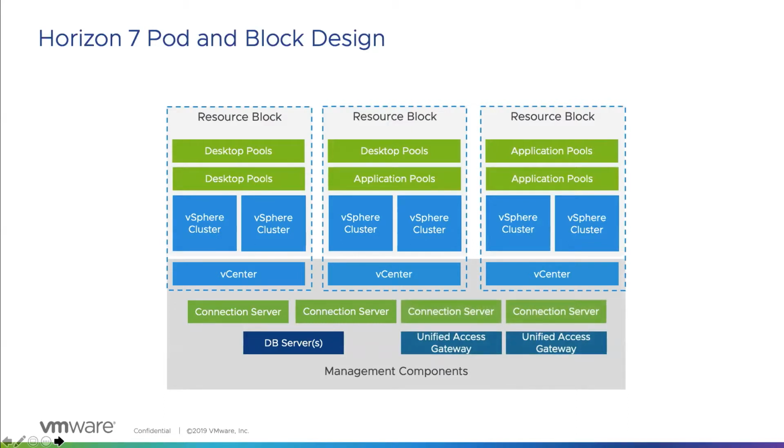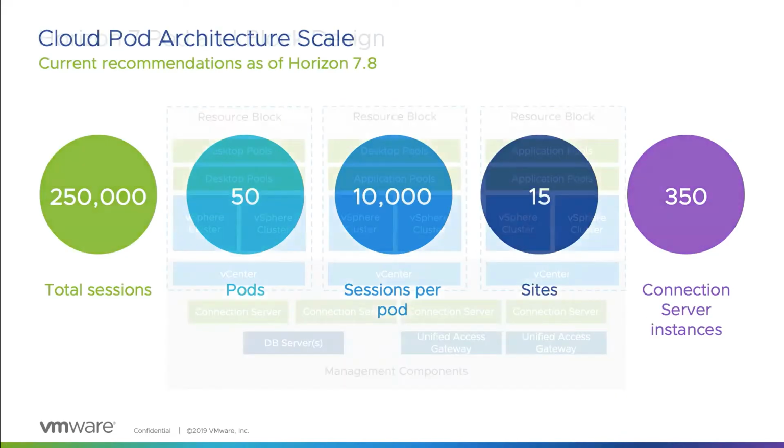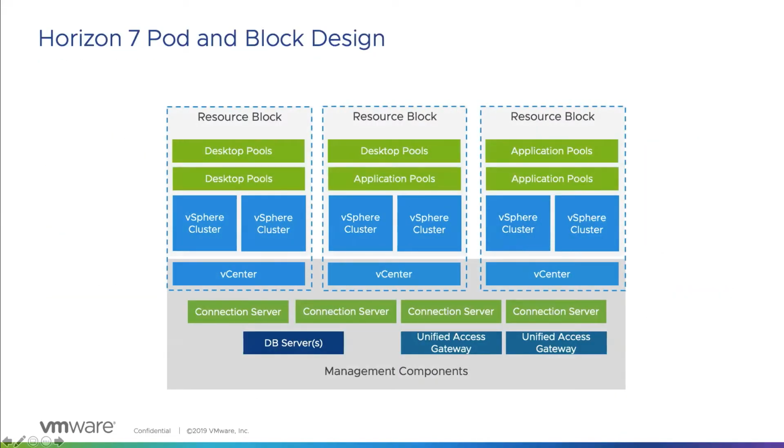While every 2,000 users could be considered a block, we just need one particular management block, and that management block could be shared across different blocks, right? So that's pretty much how a block and a pod works.